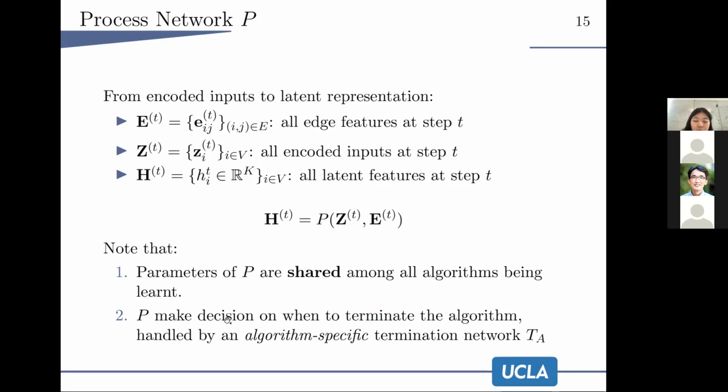And P also, because we know that the traditional algorithms involve some termination decision, and P is also responsible for handling this. And to handle the termination of the algorithm, they specify another termination network.